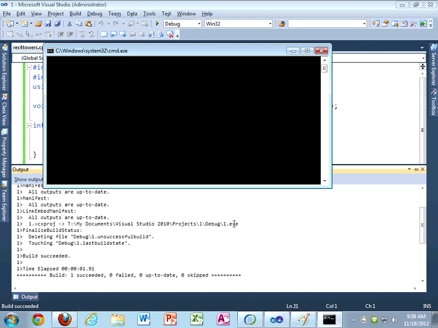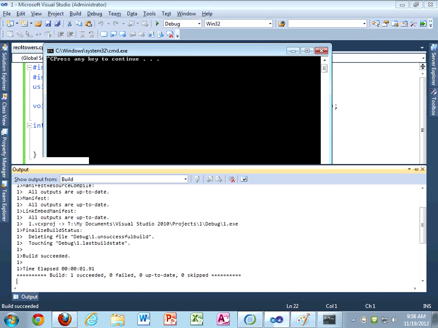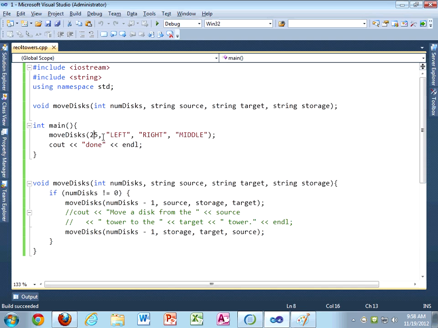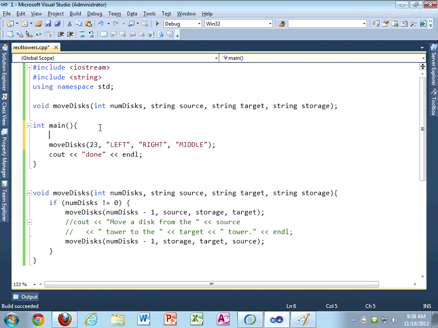We might have to pick a smaller number. Let's just wait a little bit. 25 is too big. Let's try 23.